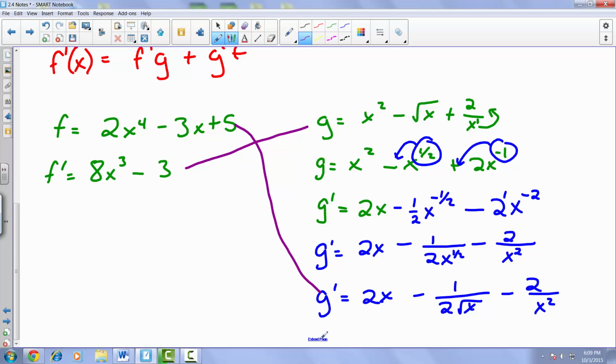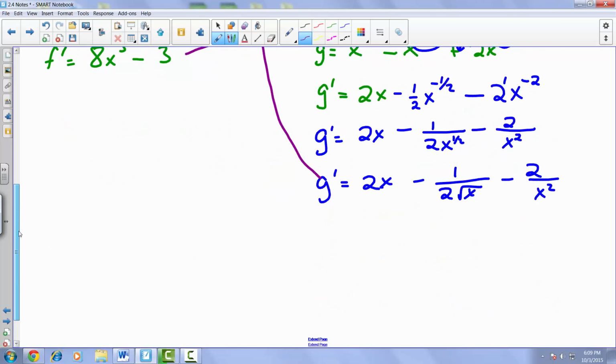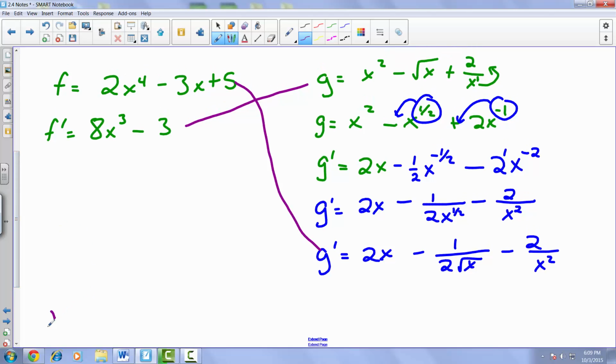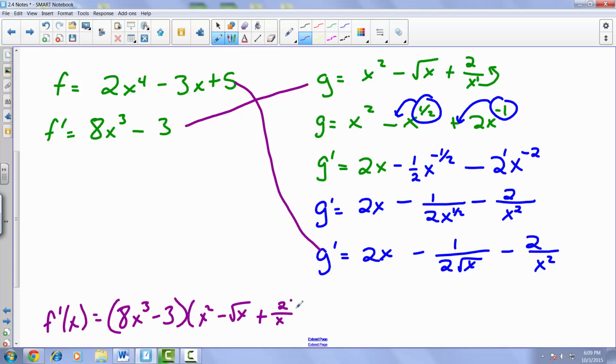So then it looks like our derivative would come out to be f prime of x is equal to 8x cubed minus 3 times x squared minus the square root of x plus 2 over x.